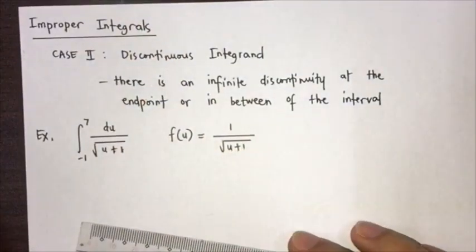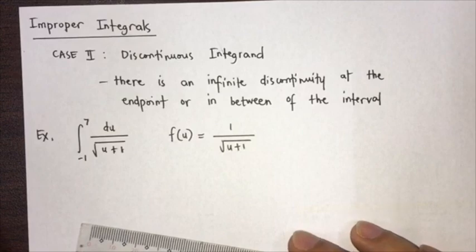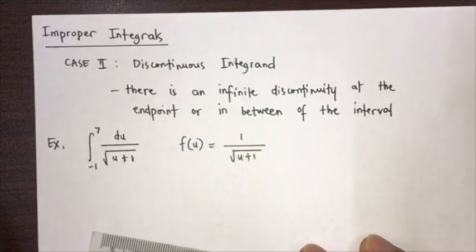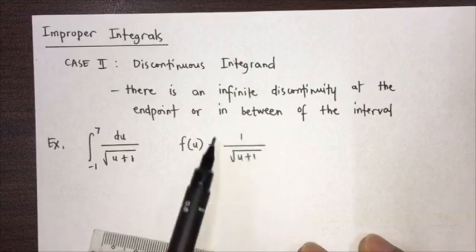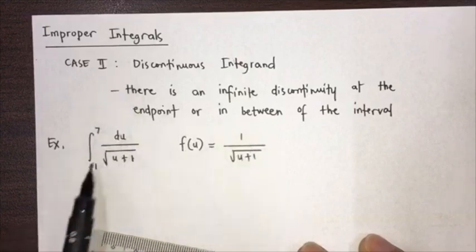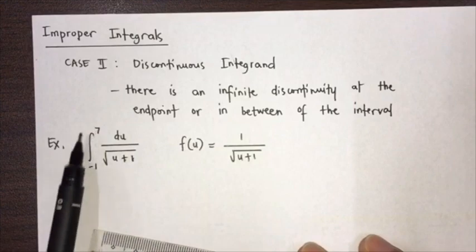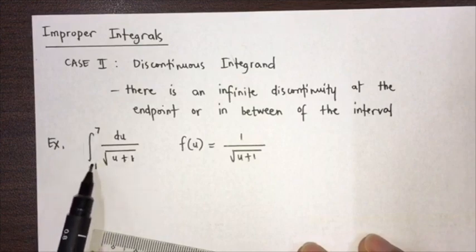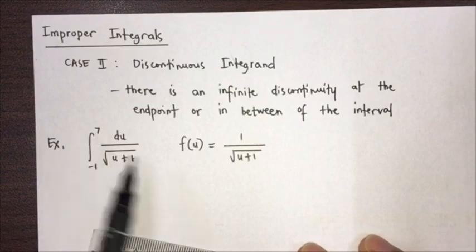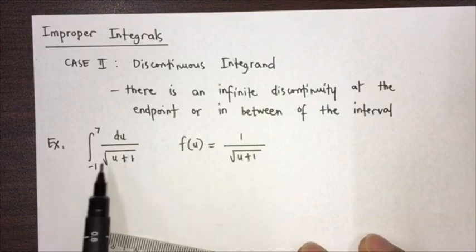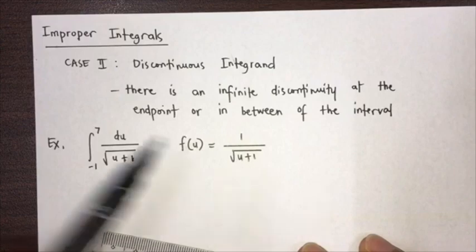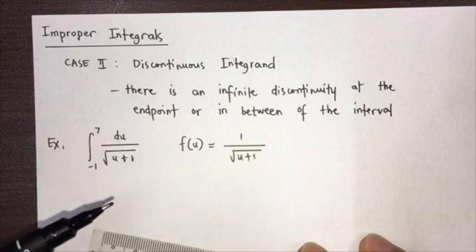Okay, so that is our function. As you can see, if we evaluate the integral from the limits negative 1 to 7, at u equal to negative 1, the value of the function approaches infinity.